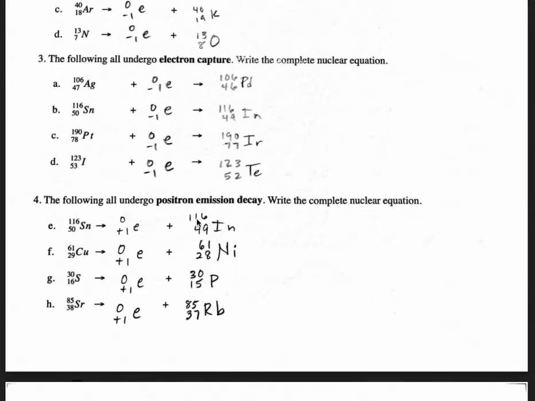So the mass doesn't change, but the number of protons has gone down. So we still have to check and make sure everything's equal on both sides of the arrow. So 116 equals 0 plus 116, that's correct. 50 equals 1 plus 49, so that's correct. And this new, more stable isotope is the element indium.